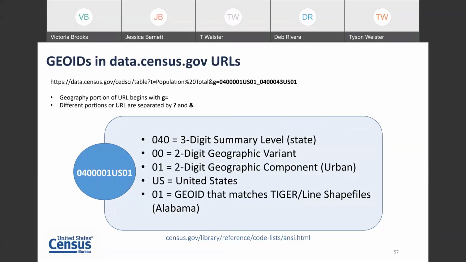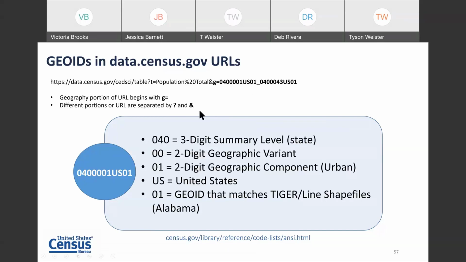This is a slide that breaks that down for you, and the geography portion of the URL is at the top in bold. Again, it starts with G equals, and if there is more than one selection, you'll see either a comma or an underscore separating those different geographic areas.